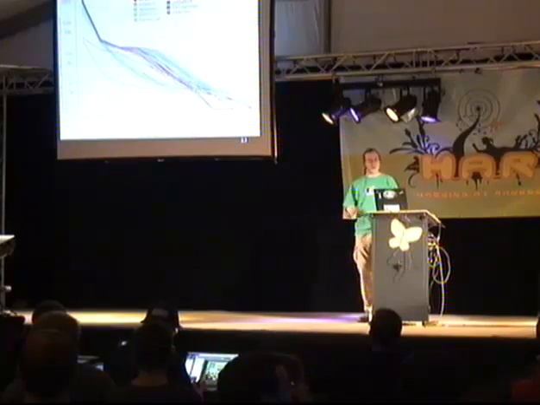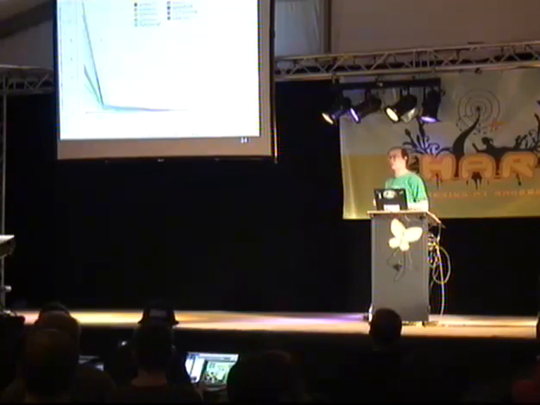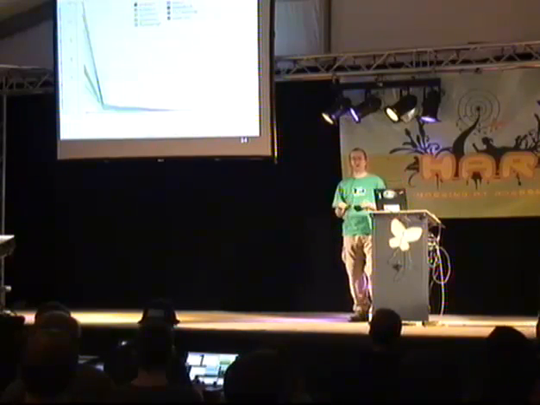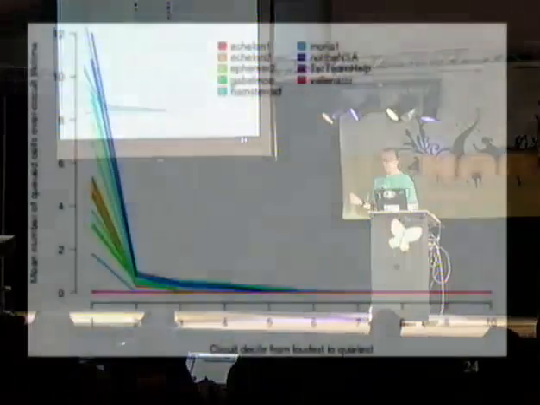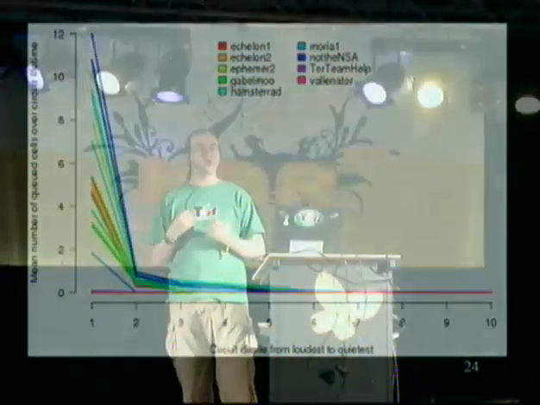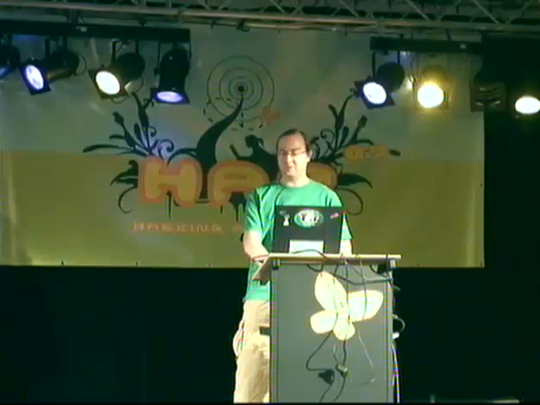And if we look at it in terms of what's going on in the buffers right now, how many cells are queued on average for each circuit, the loudest 10% of the circuits have a bunch of stuff queued. They've always got a kilobyte or 2 kilobytes or 5 kilobytes or 10 kilobytes of stuff queued waiting to be sent out. And the rest of them have nothing.